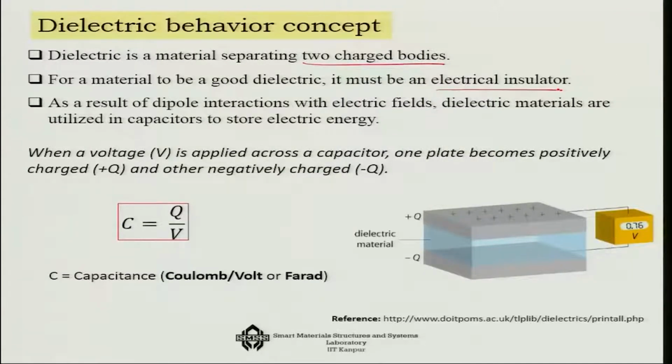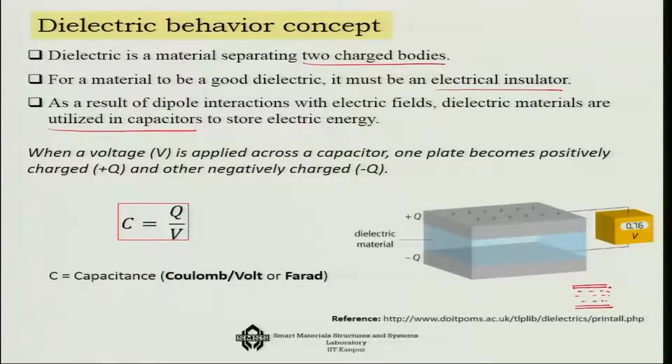As a result of the dipole interactions with electric fields, dielectric materials are actually utilized in capacitors to store electric energy. You must have seen that very common example of a parallel plate capacitor, where we have two conductive plates and you have the dielectric material in between.